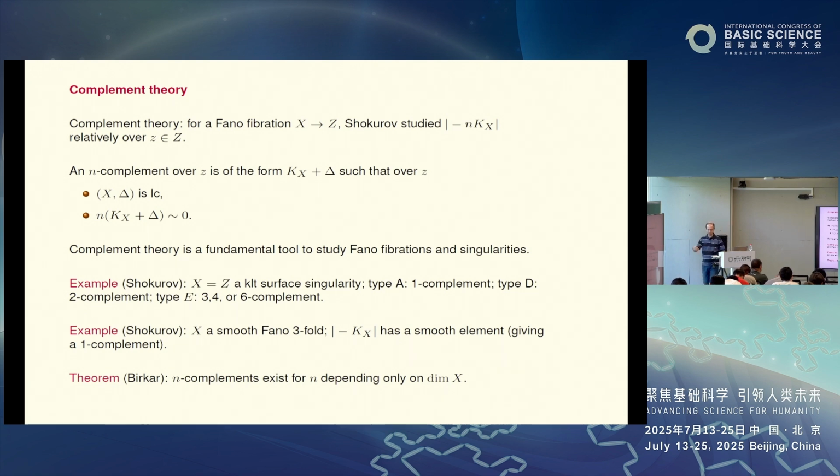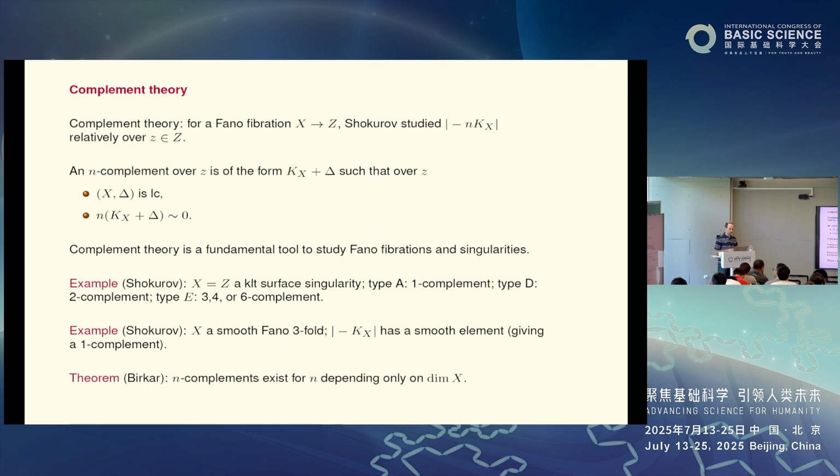You look at this minus nk and try to understand them as much as you can. And this was introduced in a systematic way by Shokurov. So he said, well, look at this minus nk for different n, and we study this relatively over the base.